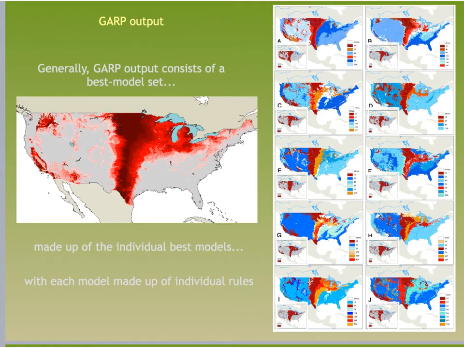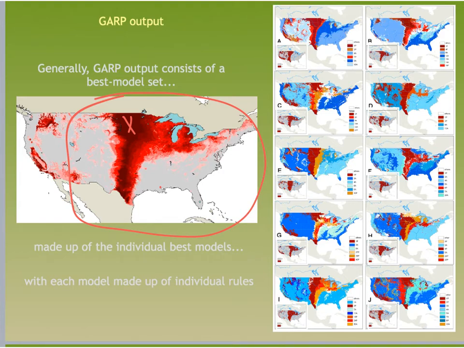But what we typically find is a single map like this illustrating that best subset, or those 10 best models out of the experiment summated between the value of 0, here in gray, to 10, the darkest value, giving us this gradation that you can interpret as confidence. The darker the color, the higher the agreement between models, or the more confidence that that pixel could support the species.